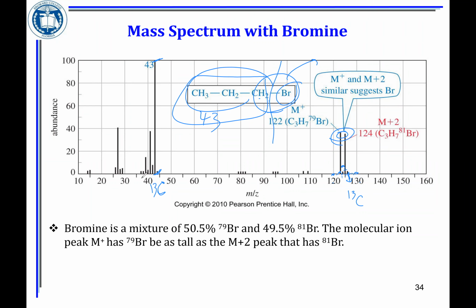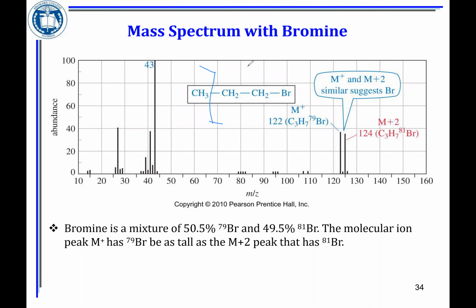You also have a 29 here, that could be ethyl. And then you have some 15, very little 15, and that could be the cleavage of the first carbon-carbon bond. So you have cleavage of the first carbon, then the second carbon, and then the third carbon.